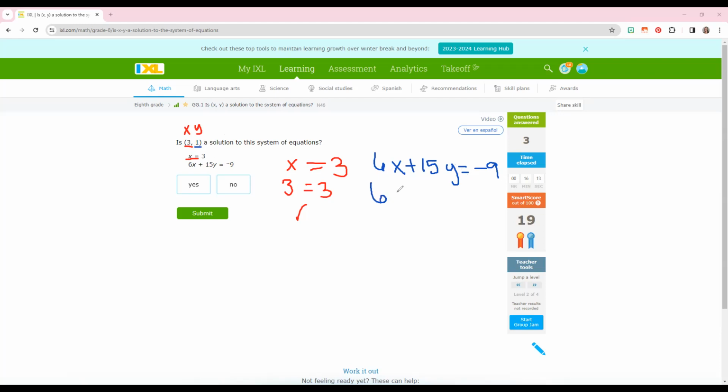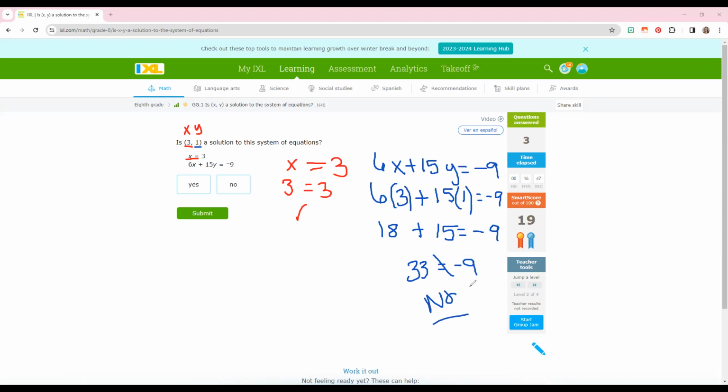So instead of 6 times x, it'll be 6 times 3 plus 15y, so 15 times 1 equals negative 9. 6 times 3 is 18, plus 15 times 1 is 15, equals negative 9. We add that up, 18 and 15 gives us 33. Is 33 equal to negative 9? No, it is not equal.